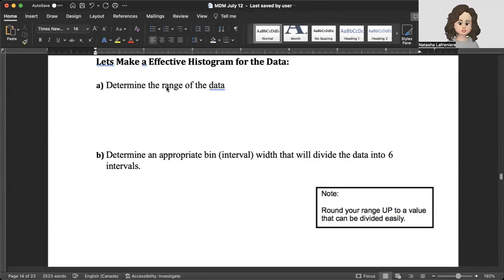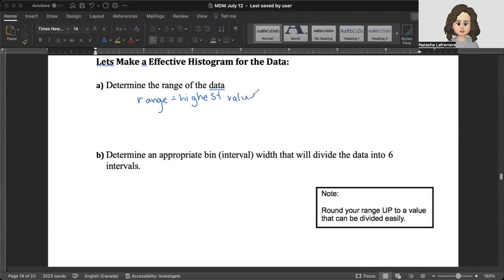The range, we find it by doing our highest value minus our lowest value. So if you were to go back and look at the data, our highest is 7.2 and our lowest is 4.6. So you're going to subtract the 2 and it gives you 2.6 as our range.